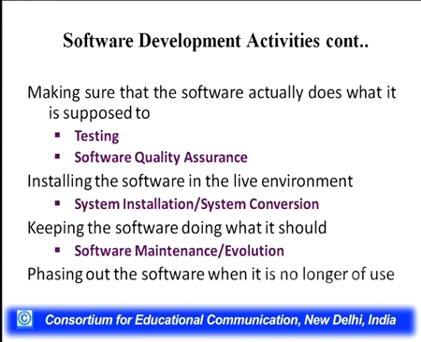For the first 2 phases, only a document is produced, so only that document can be tested. But for the output of the coding, of course the programs can be run on the computer and the desired outputs can be tested.